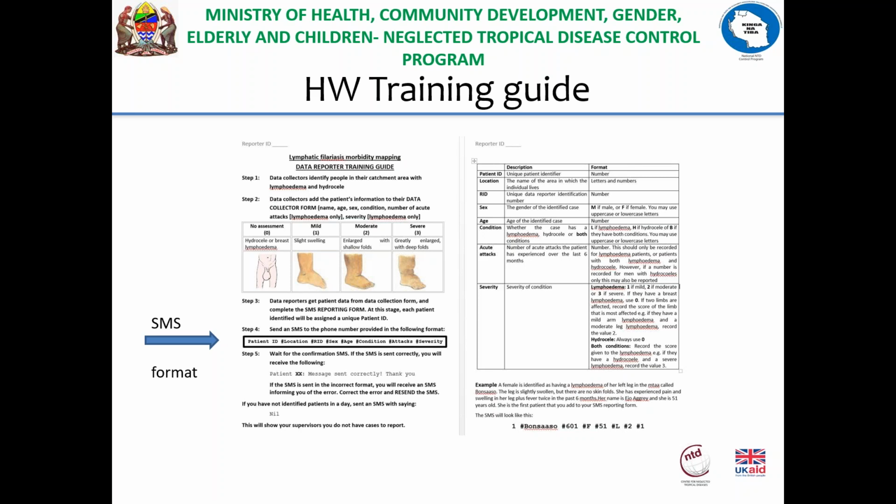So all those parameters or variables which were reported in SMS, we tried our best to explain to the health workers so that they understand, so that they can easily fill the forms and then transmit those forms to the frontline health workers. So this is just a health facility worker guide.